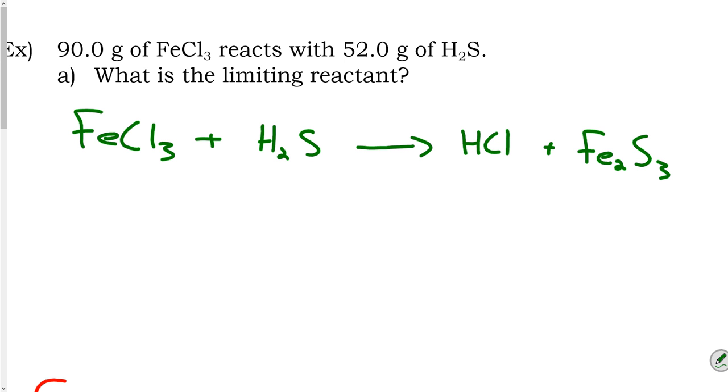Very good. So how did I know to use iron 3? Because of the charge. Cl has a charge of negative 1, so this has to have a charge of plus 3. Is all this going to be double replacement? Most of the time, yes. So let's balance it now.